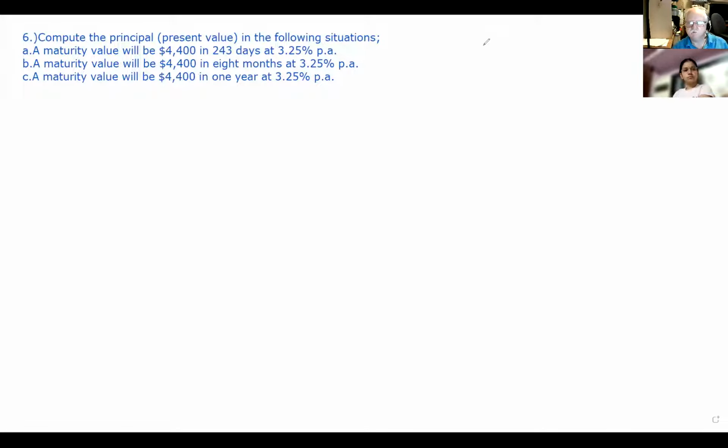S equals principal times 1 plus RT. And they've just divided through by everything in the bracket. So they get principal equals S over 1 plus RT. And so we can use this now because we know the maturity value, that's S.